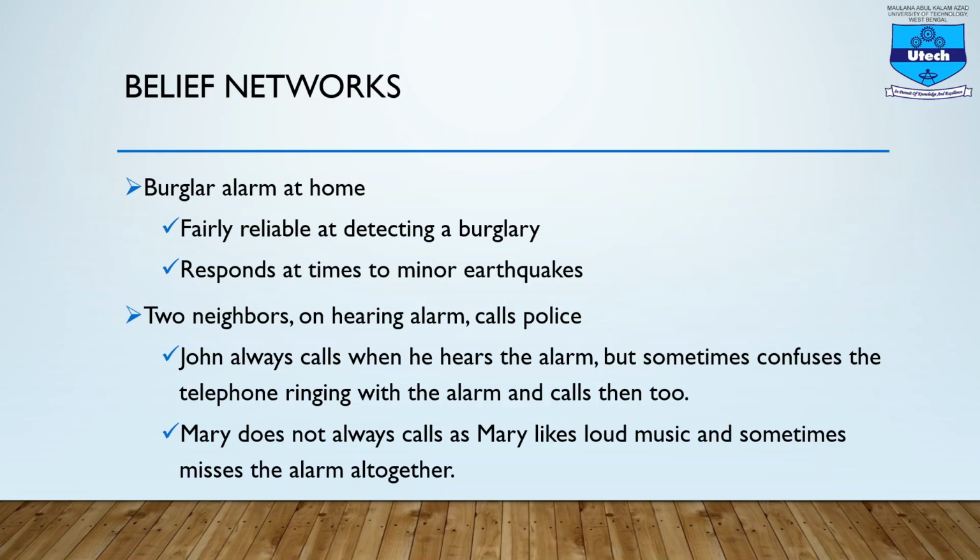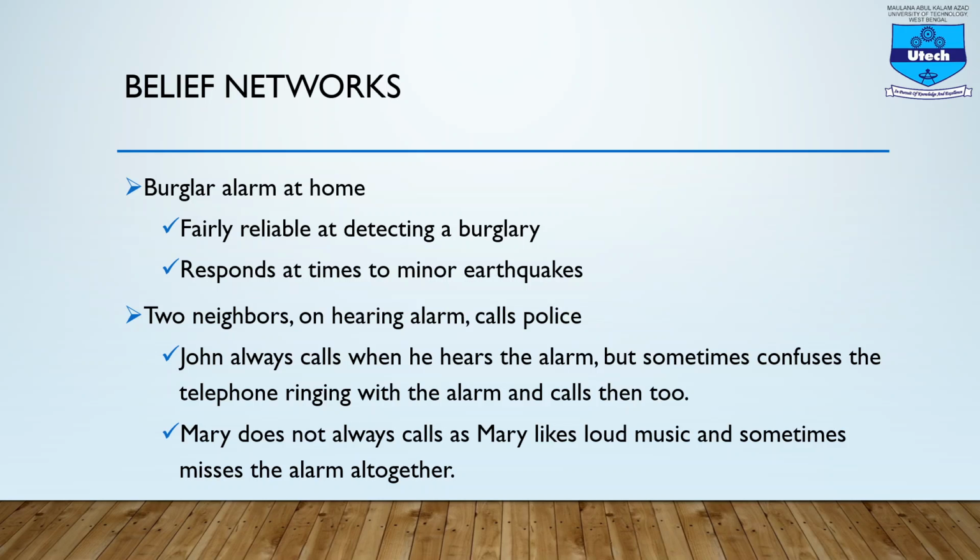You have a burglar alarm at home, and this alarm is fairly reliable at detecting a burglary, and it responds at times to minor earthquakes as well. So not only a burglary, but if there is a minor earthquake, the alarm will also go on. So in these two cases, the alarm will be switched on.